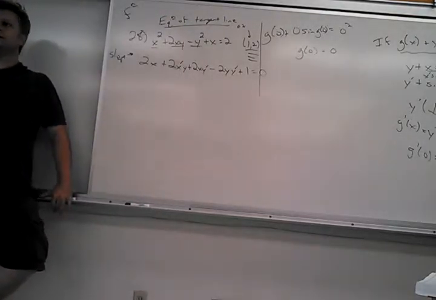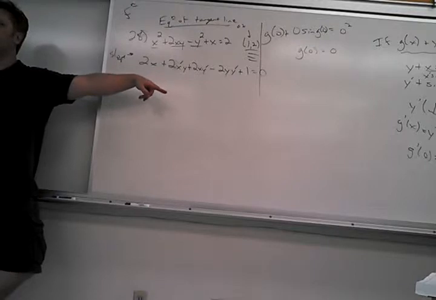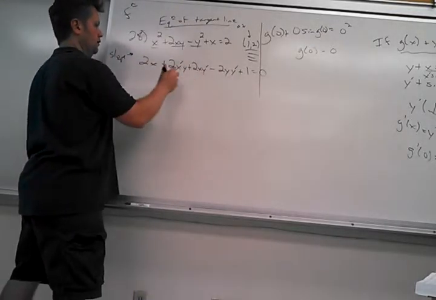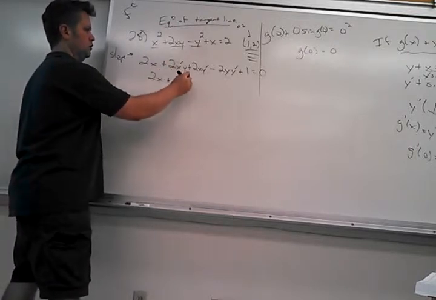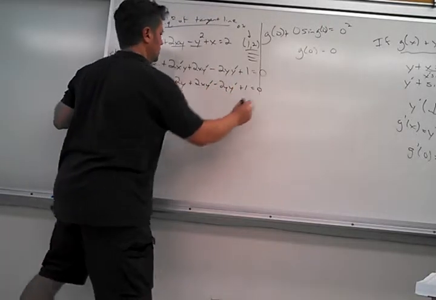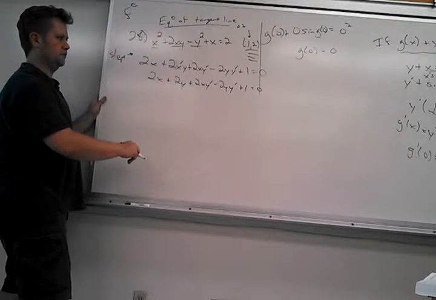Honestly, if you really wanted to, you just plug 1 in for x and 2 in for y, and solve for y prime. But you should be able to handle solving for y prime. First off, I haven't finished all my derivatives yet, so this will be 2x plus 2y plus 2xy prime minus 2yy prime plus 1 equals 0. How do I solve for y prime? Y prime on the left, everything else on the right.